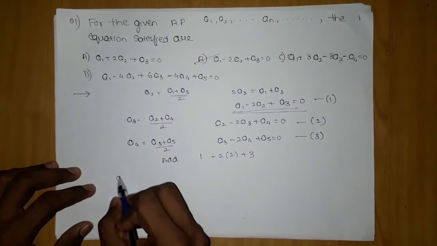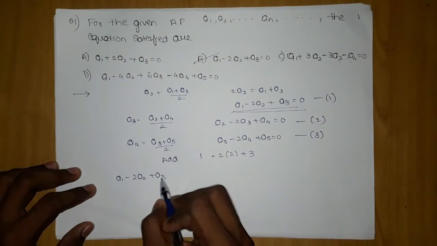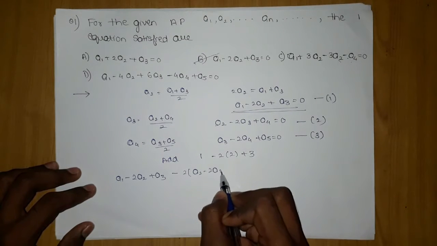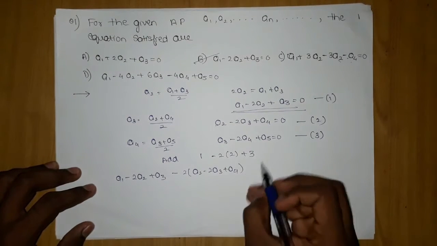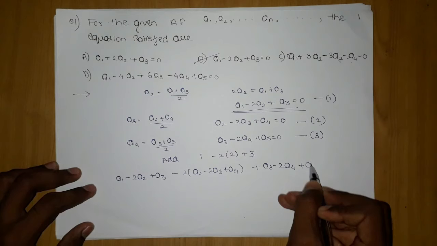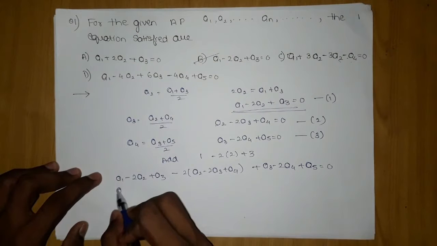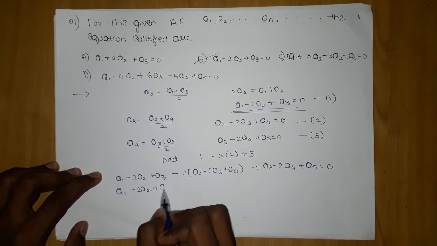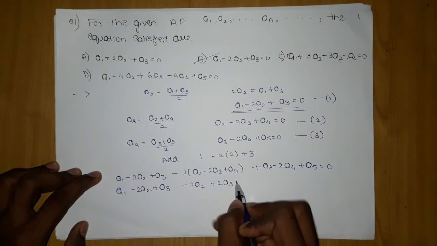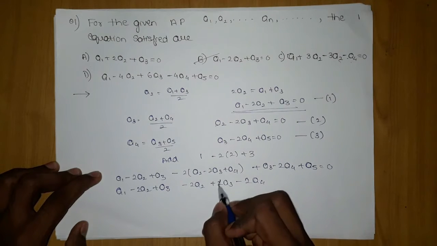So as per this, what we will get? A1 minus 2A2 plus A3, I have observed the starting terms and then I am doing this, minus 2 times this term, A2 minus 2A3 plus A4. And then simply add on this one, A3 minus 2A4 plus A5 should be equal to 0. Let me further simplify. I think I made a mistake, it should be 4.